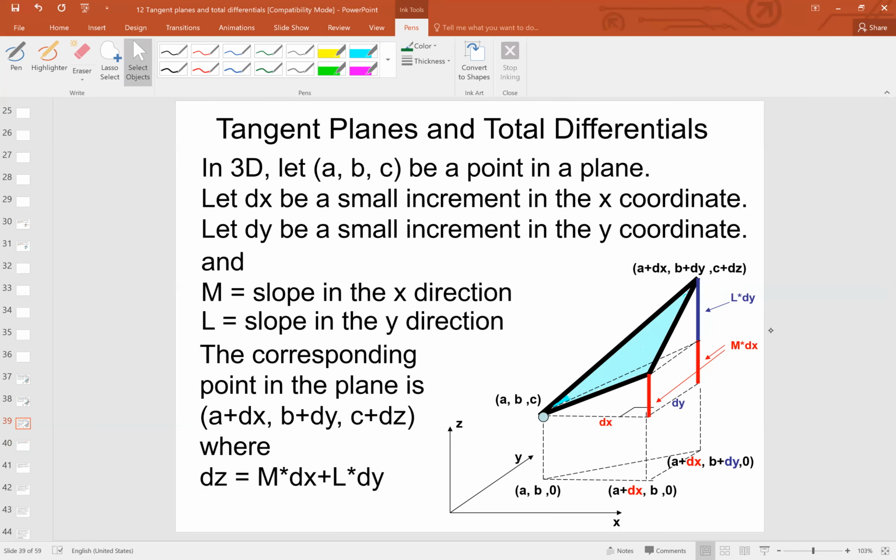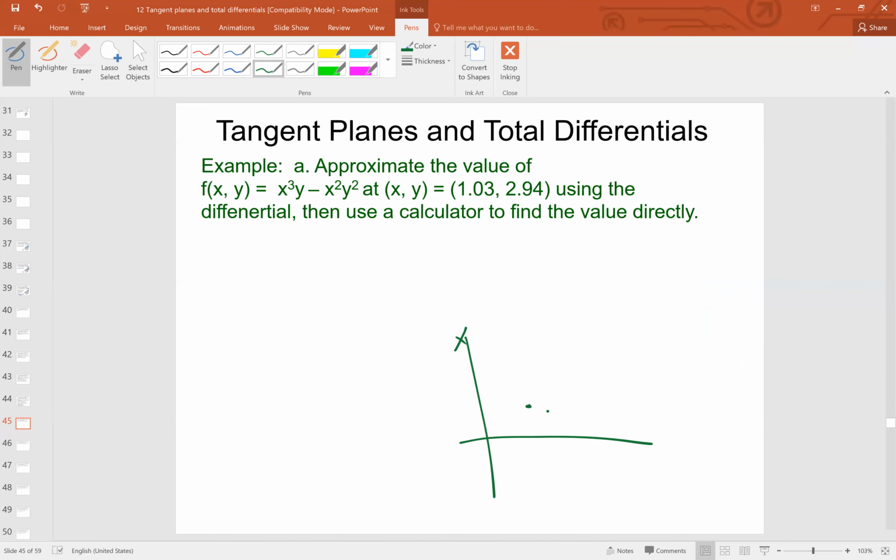Here's an example of how to calculate the total differential. We are based at a point in XY coordinates, the point (1, 3).